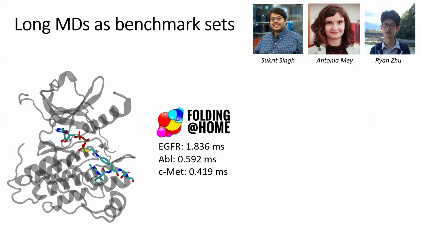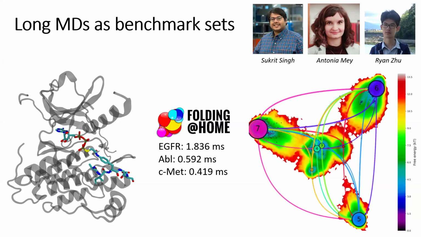And we can think that if a simulation is really, really long, for all intents and purposes we can treat this as a good approximation of a ground truth. If a simulation is really long, it will have sampled all the transition states as well.